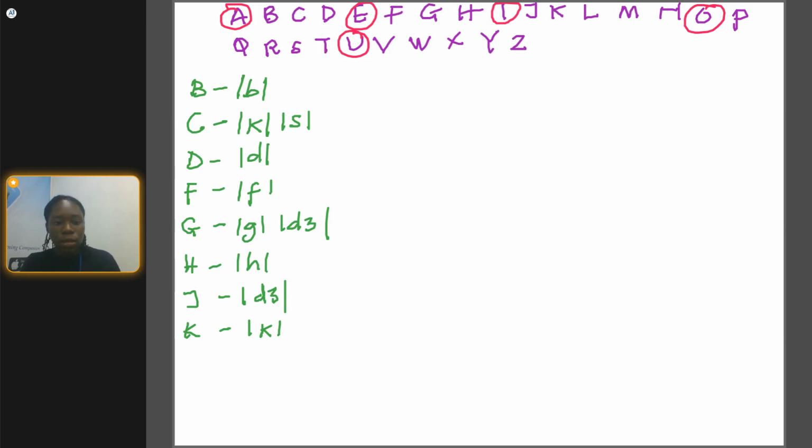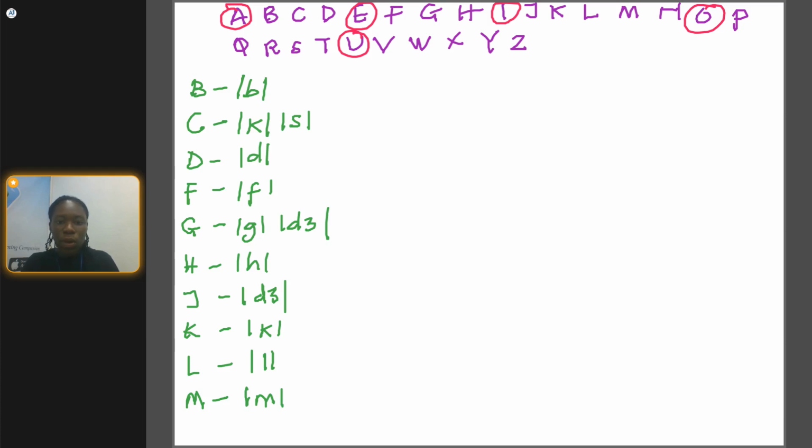Okay. We're moving on to letter L. Letter L gives us the l sound. Okay. Then we have letter M giving us the m sound. All right.